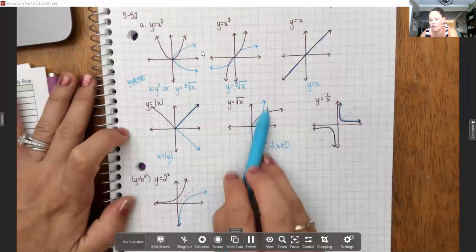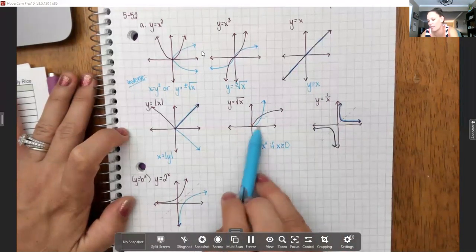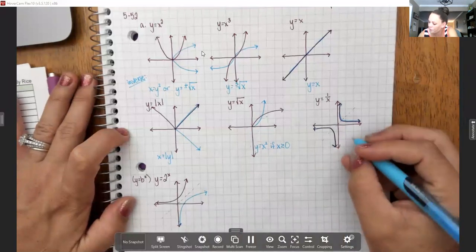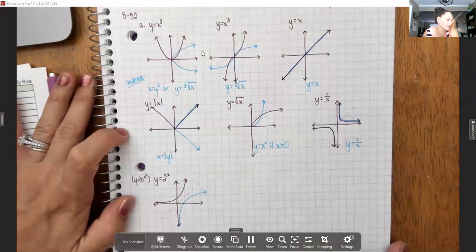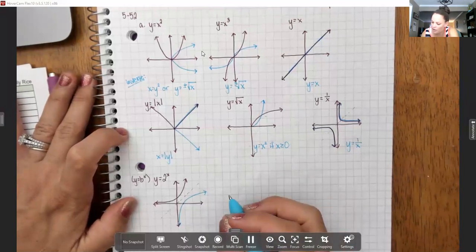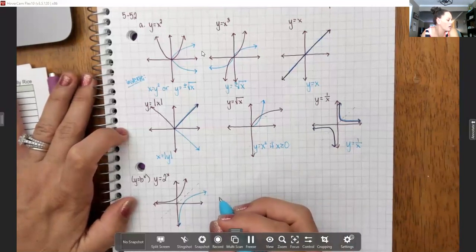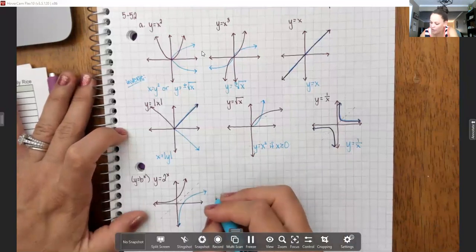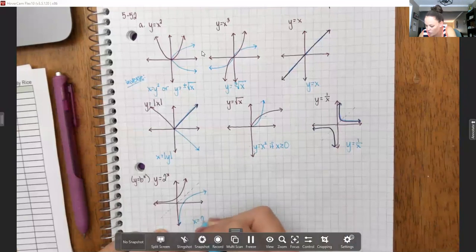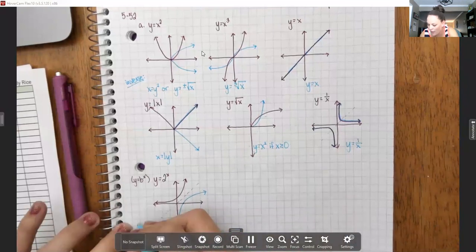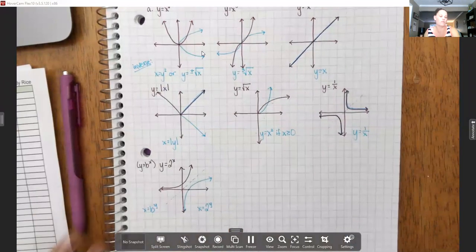We only have half of the parabola, the right half when we have the positives. Y equals 1 over x there. And here, our inverse would be x equals 2 to the y, or x equals b to the y for whatever our b value is if you didn't want to use 2.